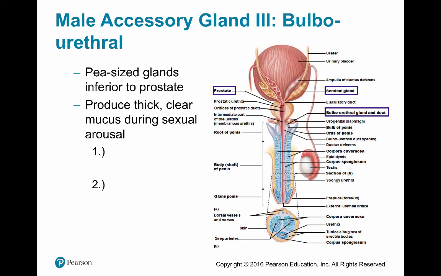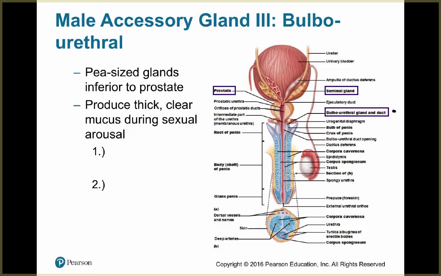And the last type of male accessory gland that we're going to talk about, the third one, is the bulbourethral gland. It's a pea-sized gland that's inferior to the prostate. You can see it right over here. And basically it produces thick, clear mucus during sexual arousal.